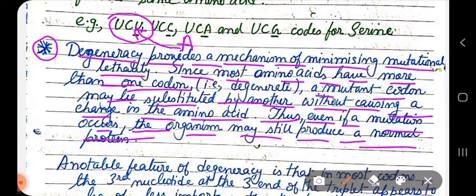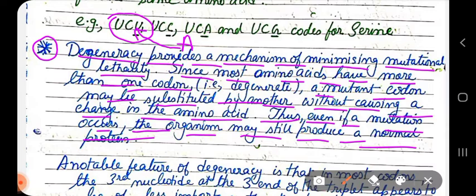So complete degeneracy, and from a certain point of view partial degeneracy, minimizes the mutational effect, because if the third base is exchanged by some other base, then there will be no problem.